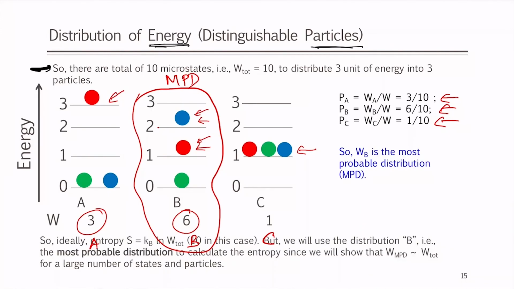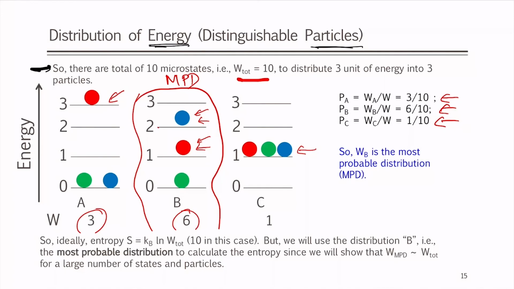So, this is the same thing that I discussed. I will just clear this part so that you can see that ideally we will say the total number of distributions is 10, as I said, W tot is 10 because you can add them, but the most probable distribution is 6.